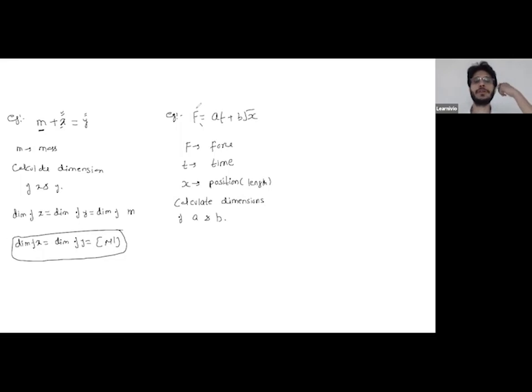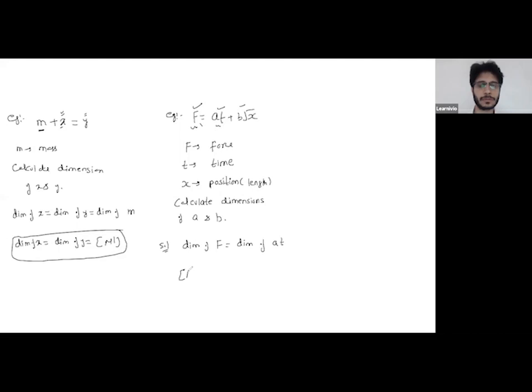Now, if this formula is correct, that means F, At and B root x should have the same dimensions. Agree? Yes, sir. So I can write dimension of F is dimension of At. What is the dimension of F?